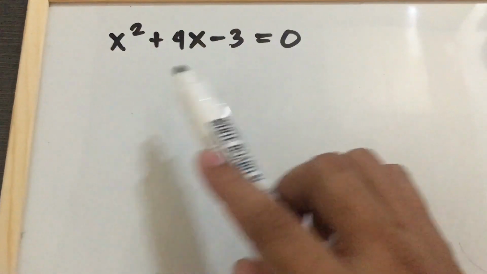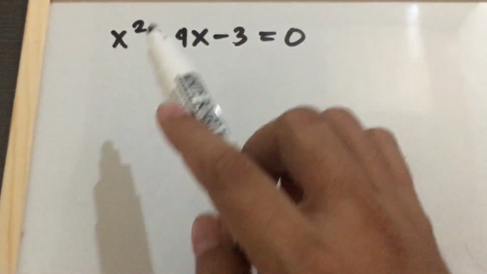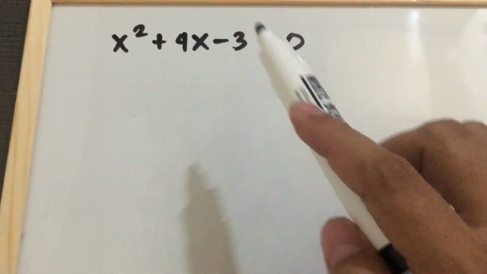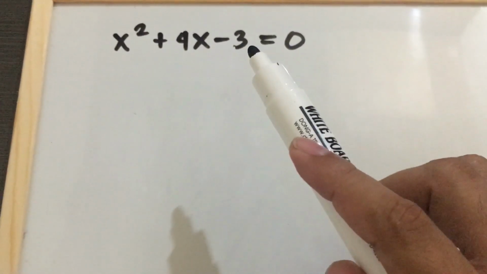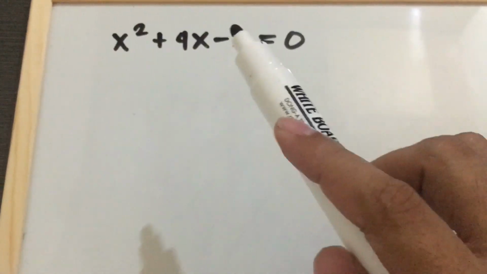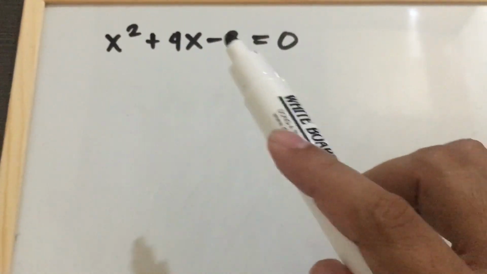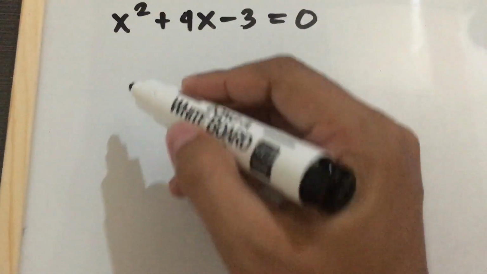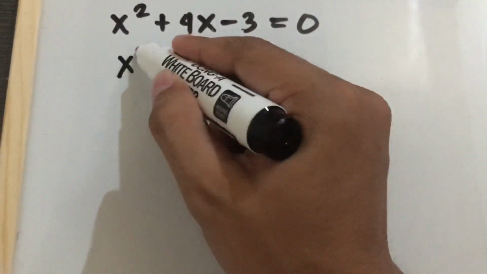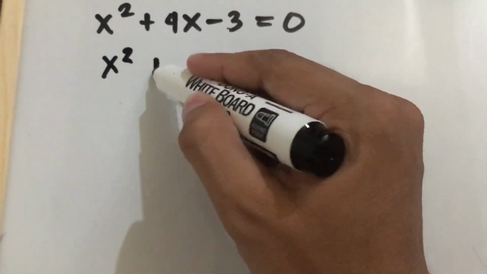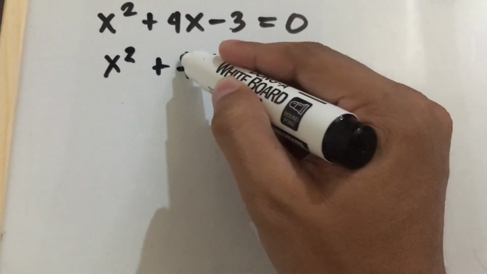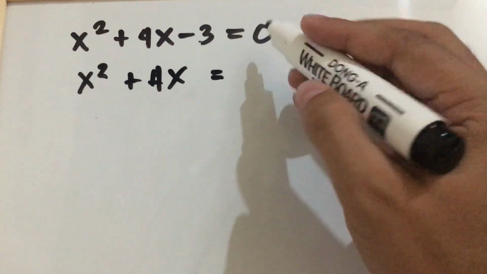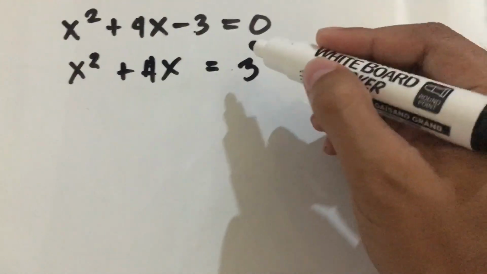Which means all the variables will be at the left side, like x squared plus 4x, and this negative 3, any other constant number without a variable, we transpose to the right side. So we copy first the x squared, then plus 4x, and then equals, the negative 3 is transposed and becomes positive 3.